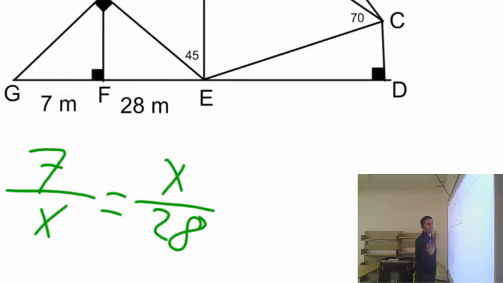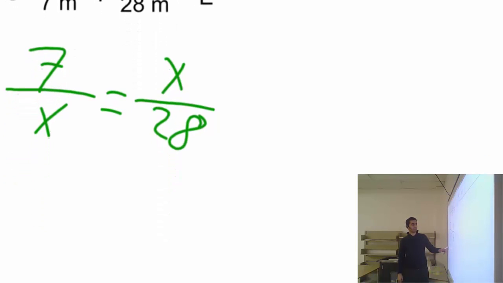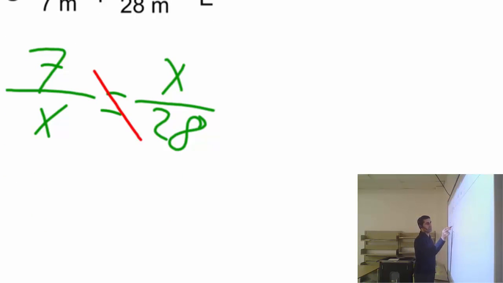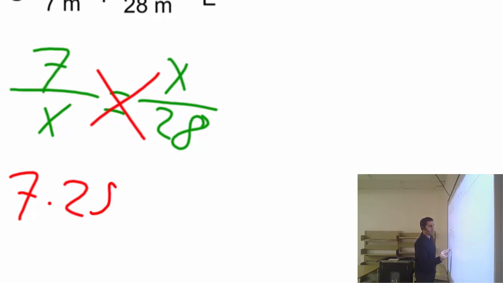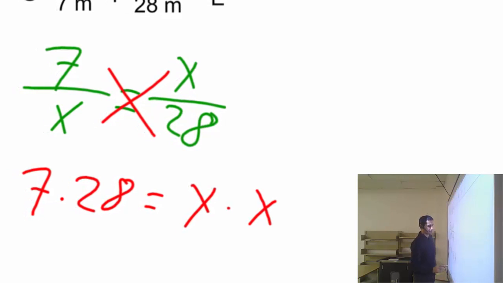So let's use the ratio. Cross multiplication: 7 times 28 equals x times x.